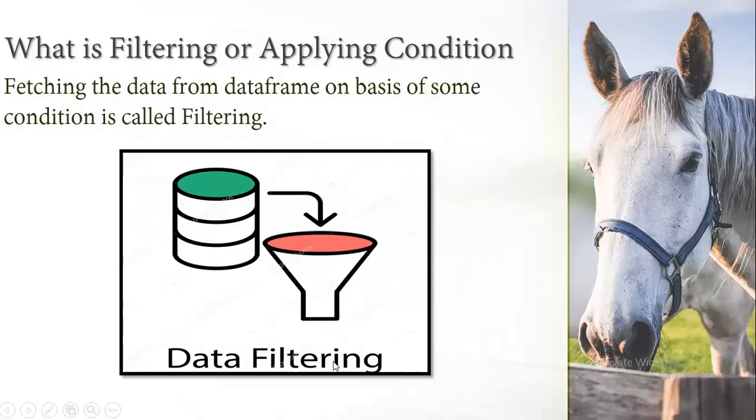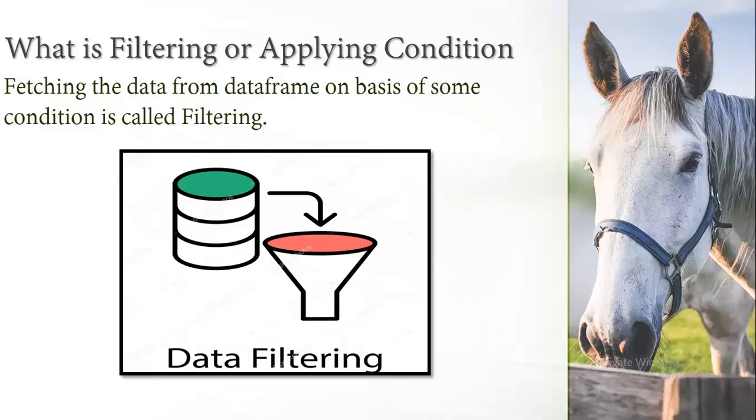Now the question arises: what is filtering, or how can we apply a condition? Till now we have been fetching the entire data from the data frame, but sometimes we require only the data which fulfills a condition.